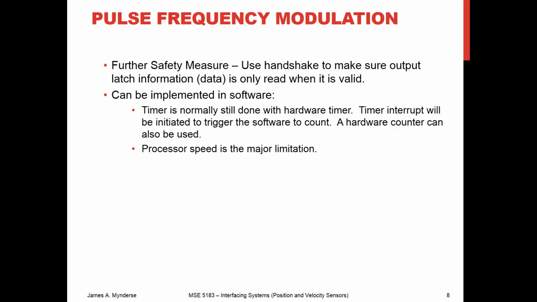If you want to do this sort of counting in hardware, you could use something like a 7490 or a 7493, which are ripple counters. So those would do the counting for you.